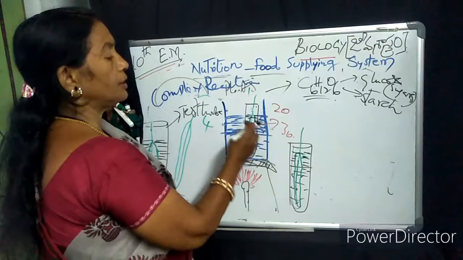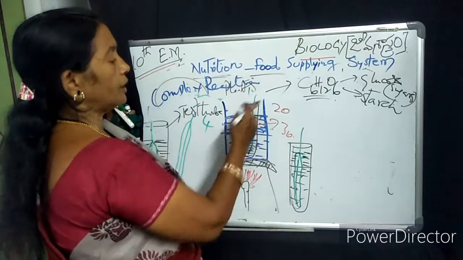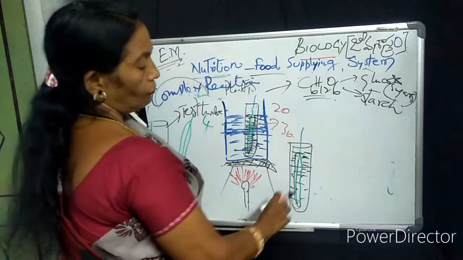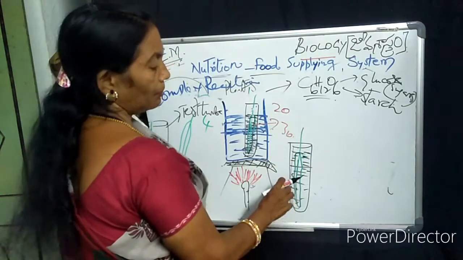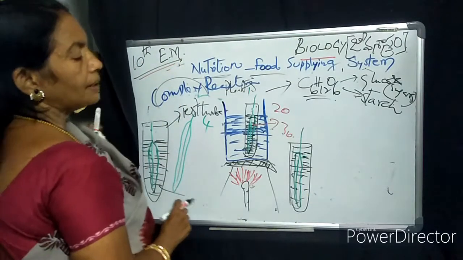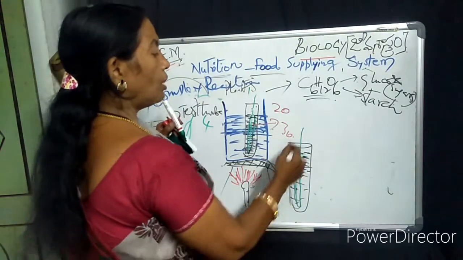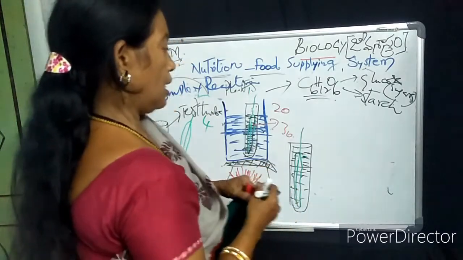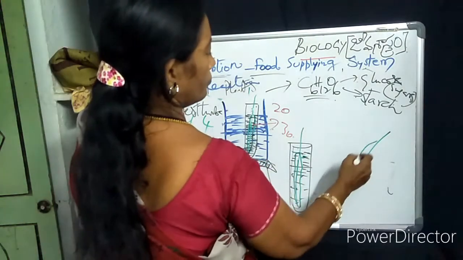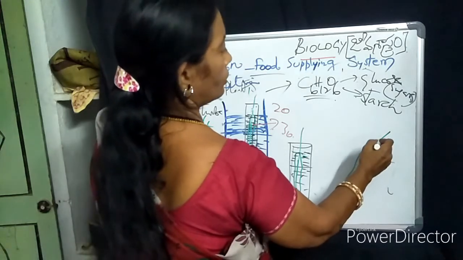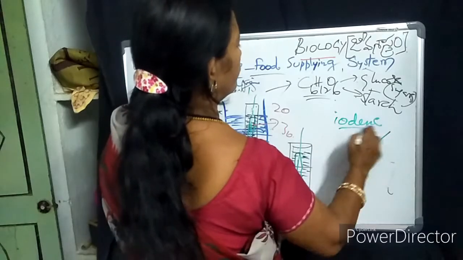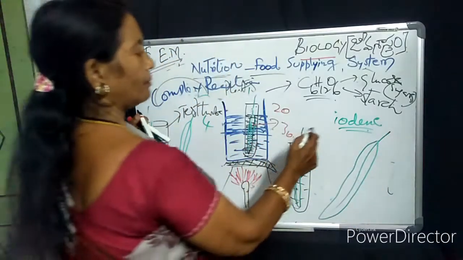We should not leave any part of the leaf outside of the methylated spirit. Then we take the leaf out, and we have to test this leaf with iodine solution.